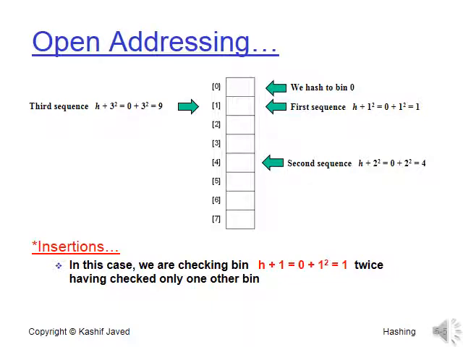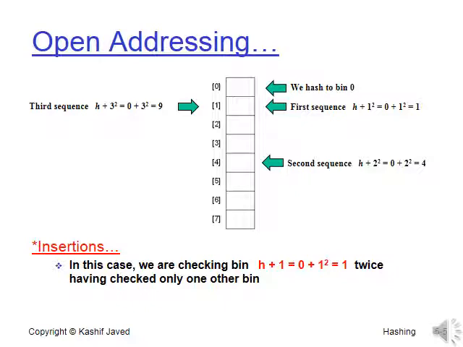Suppose for table size m equals 8 number of bins, we are hashing to bin 0. If we apply quadratic probing, then our first sequence will be bin h plus 1 to the power square, which equals 0 plus 1 equaling 1.